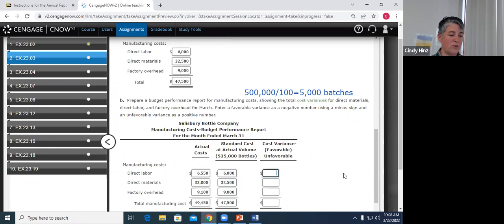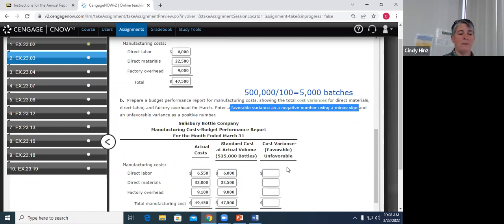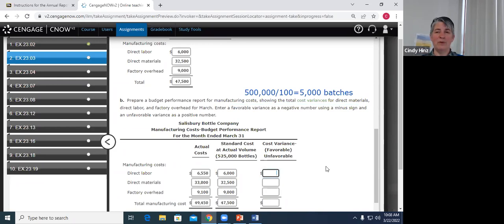Because of the way the software works, we're simply going to use the minus sign, and it tells us that right here. Enter a favorable variance as a minus sign. But if we were not using this software, if we were just producing a report, in accounting terms, we normally would put parentheses around it rather than using a minus sign. That tells us that the number is negative.